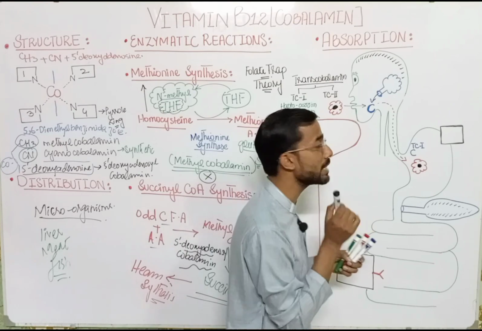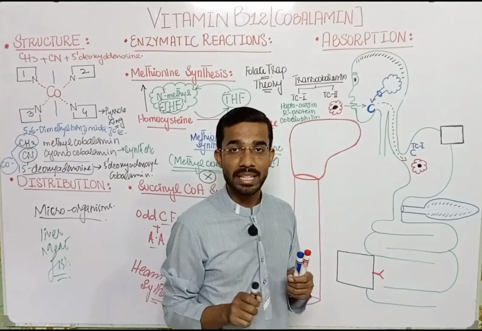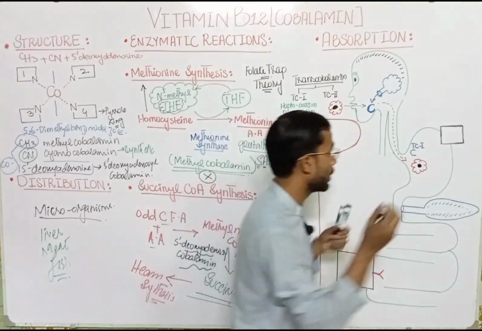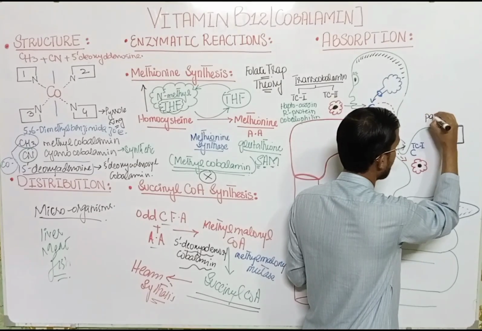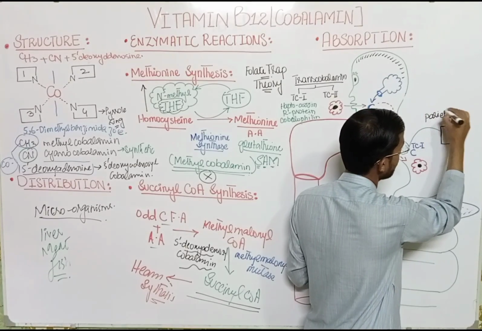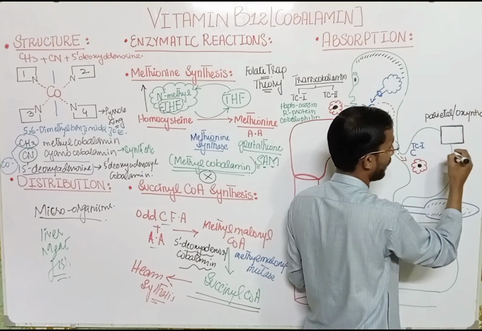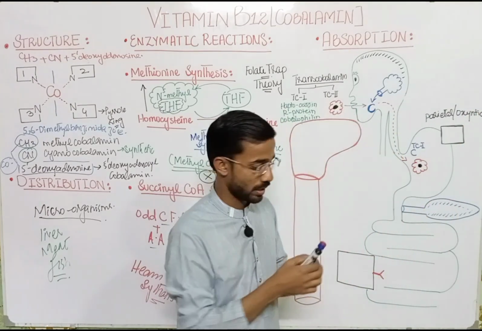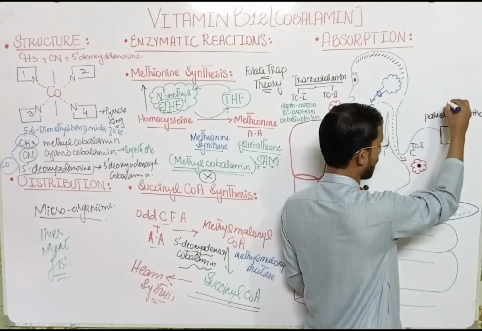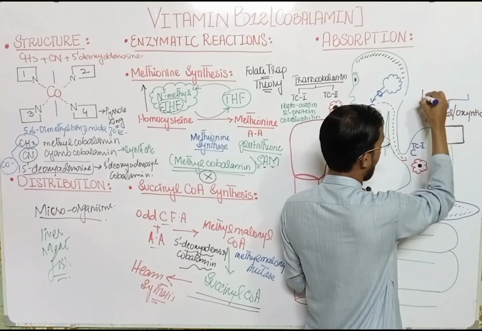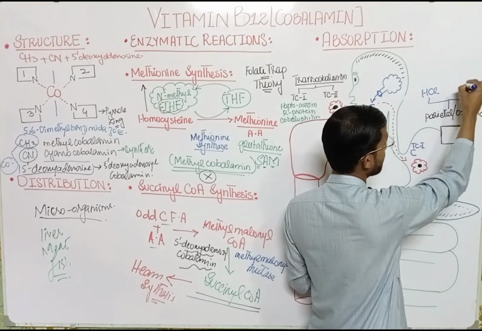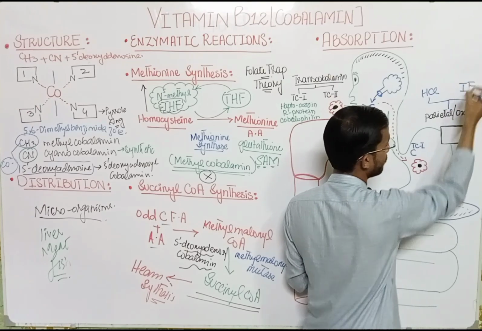Now in the stomach you will see the parietal cell, or oxyntic cell, that produces two things. First, this cell produces hydrochloric acid, and second, the intrinsic factor.